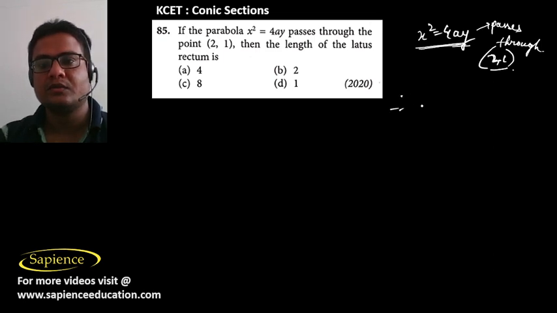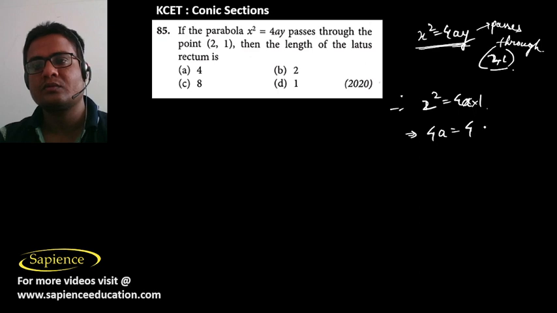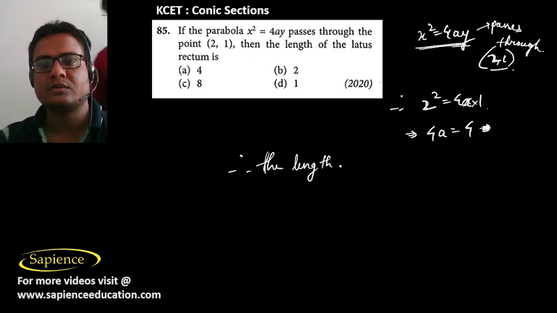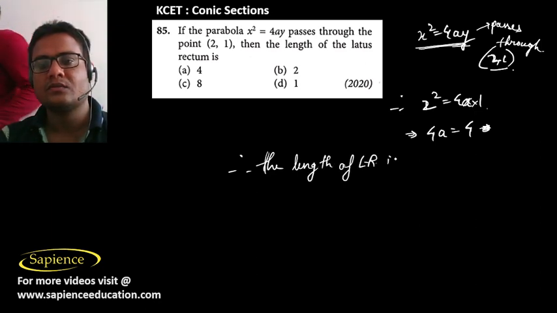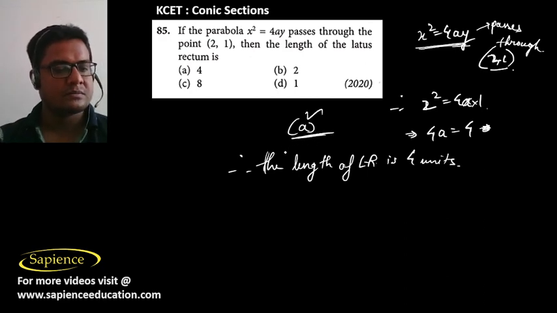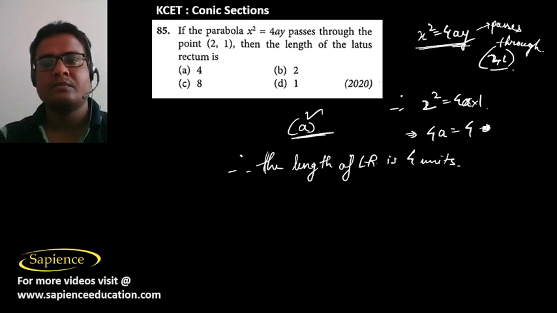So we can say that 2 square equal to 4a into 1, so 4a is equal to 4. So the length of the latus rectum is 4 units. So option A is the correct answer.